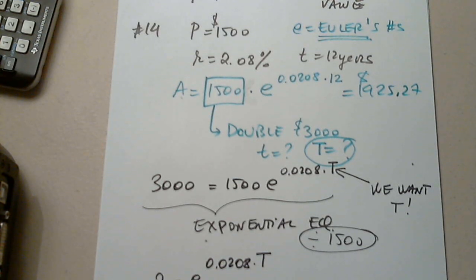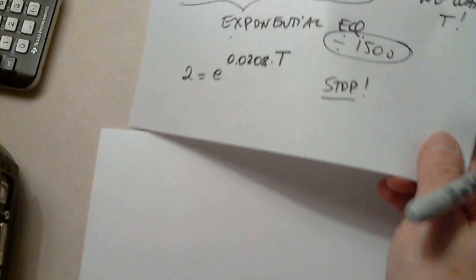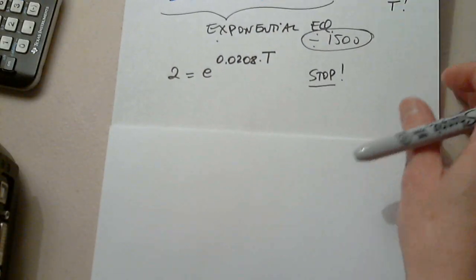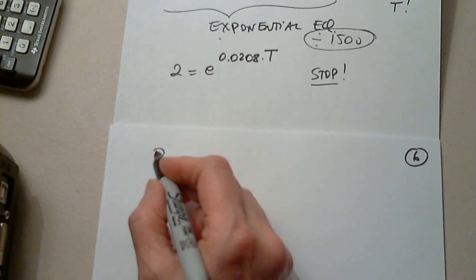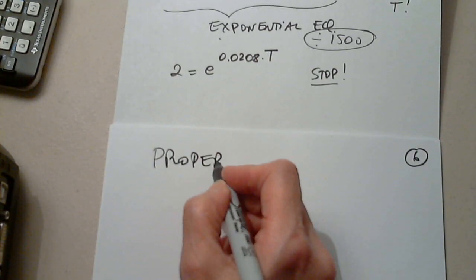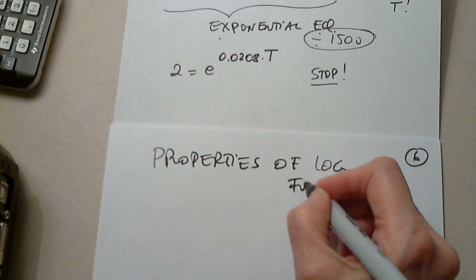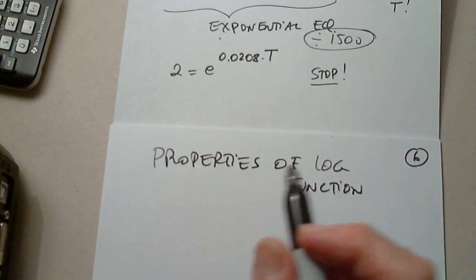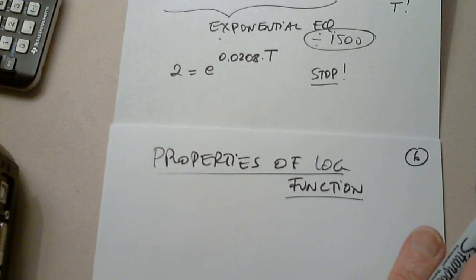Excellent. Now we want to stop for a moment and review the properties of logs. So let's review the properties of logs, and then we'll come back. The properties of the log function in any base.